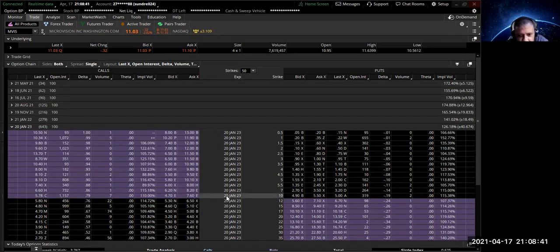It doesn't expire until my birthday of January 2023. That's not a crazy assessment, man. Even if you go to $12, this stock could go down to $1 and you could lose your investment. Or by the time January 2023 rolls around, it could be back up to $212.